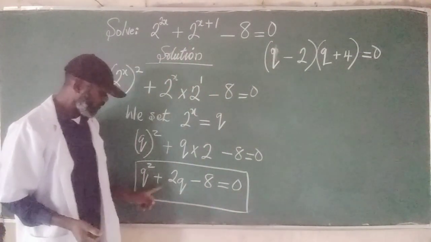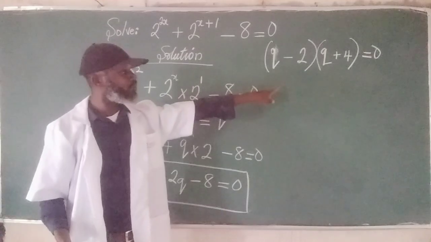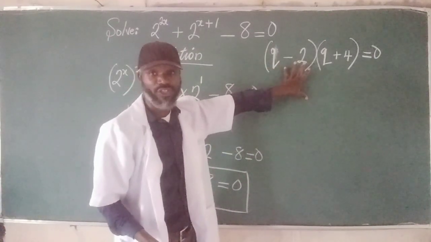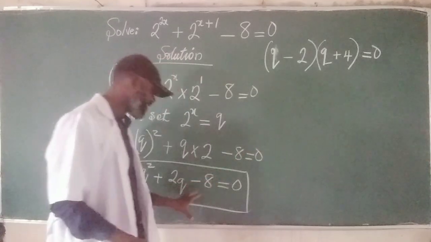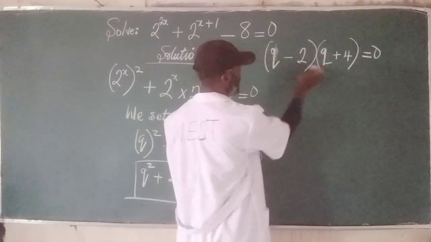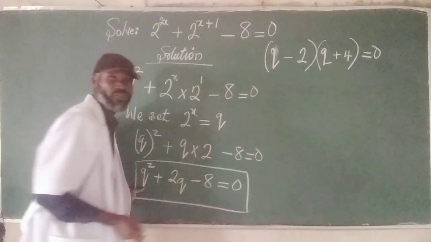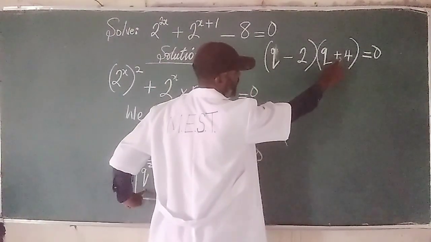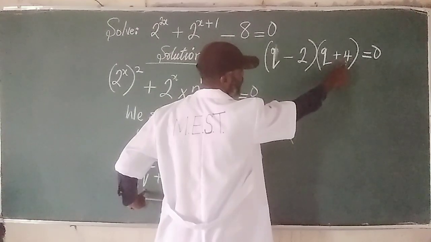Let's check if this factorization approach will still give us back this quadratic equation. Q times Q gives us Q squared. Then Q times 4 is going to be 4Q.